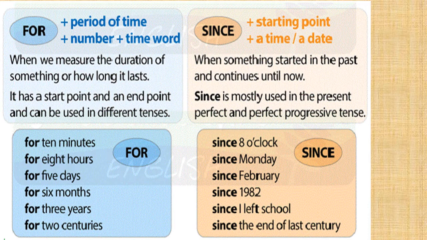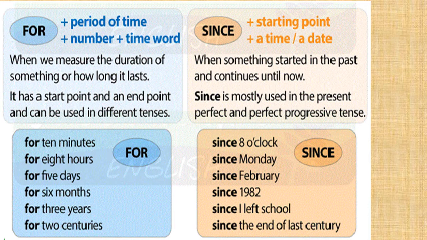Examples for the preposition for in the present perfect: for 10 minutes, for 8 hours, for 5 days, for 6 months, for 3 years, for 2 centuries. I can say also for a long time, for ages.